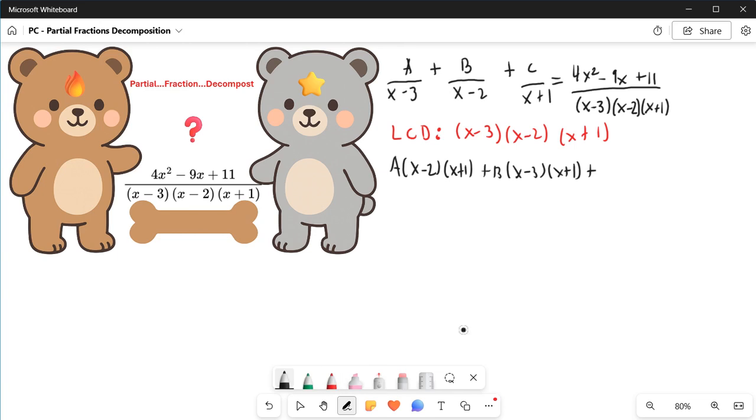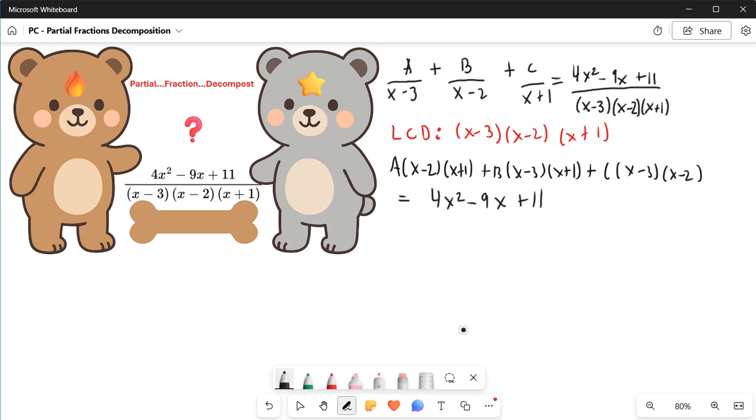That last one says that C is going to be multiplied by x minus 3 and x minus 2. But all of this has to be equal to that polynomial that we have on the right-hand side, which is 4x squared minus 9x, and then plus 11.